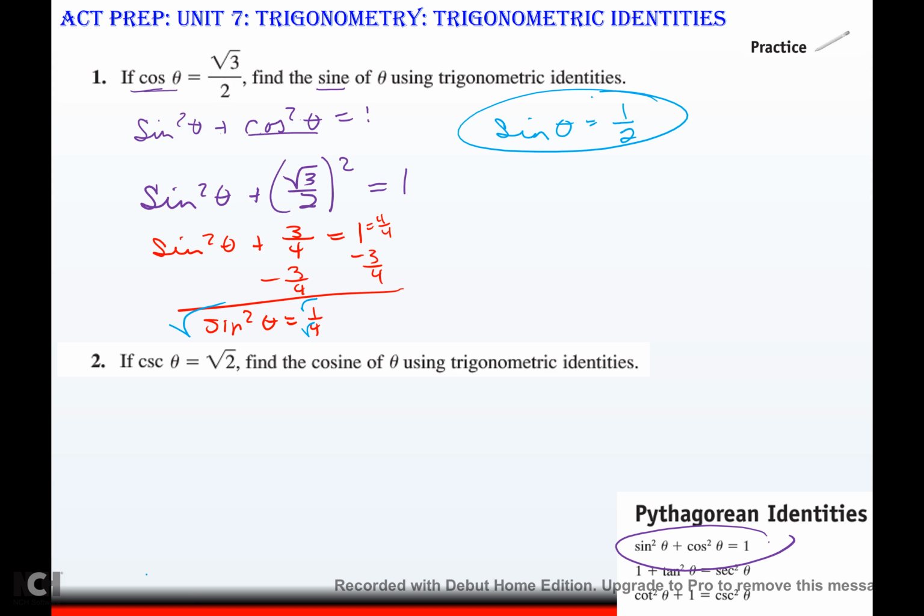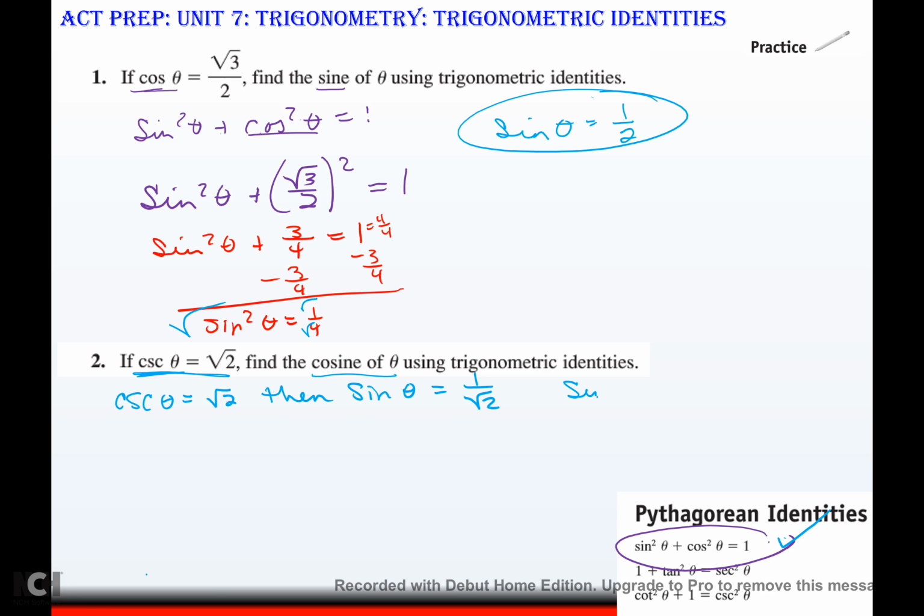Okay? 2. If cosecant theta equals square root of 2, find the cosine. Well, again, they want me to find cosine. This isn't sine, but it's reciprocal to sine. So again, told you that one was most common. If cosecant theta equals the square root of 2, then sine theta, flip it, is 1 over the square root of 2.